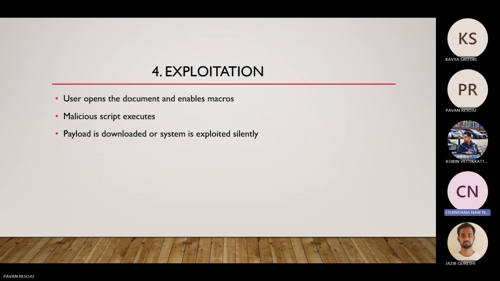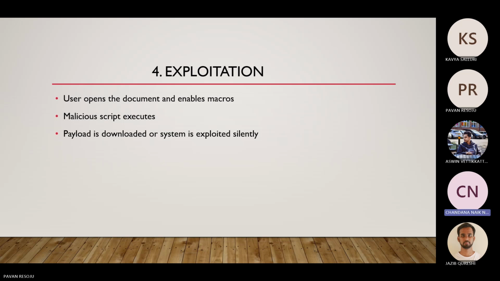Step 4, exploitation. Once the document is opened and the macros are enabled, the malicious code is triggered. It may silently exploit vulnerabilities in Word or download further payloads. At this stage, the system is compromised without the user realizing.